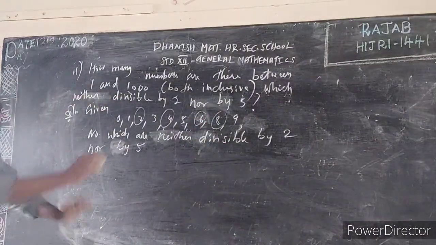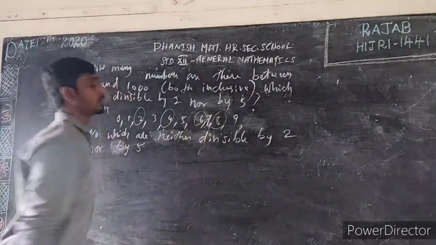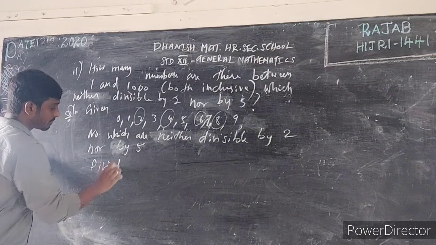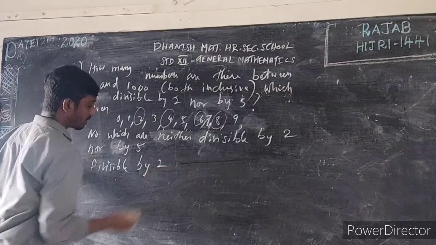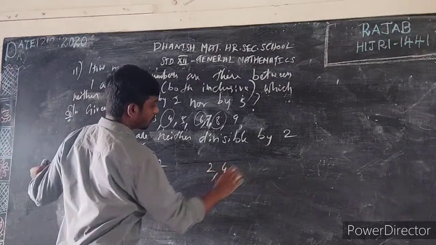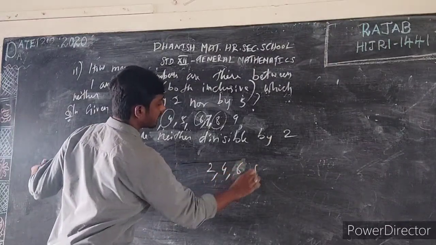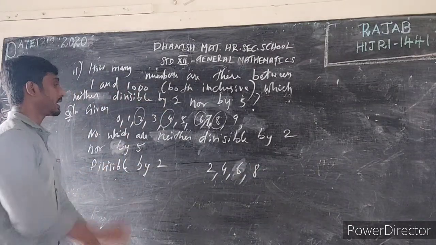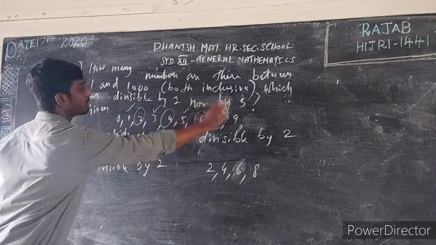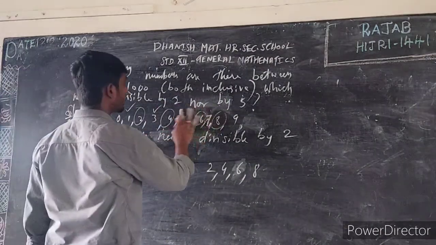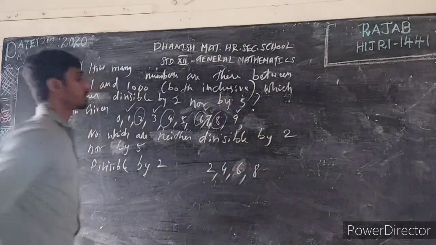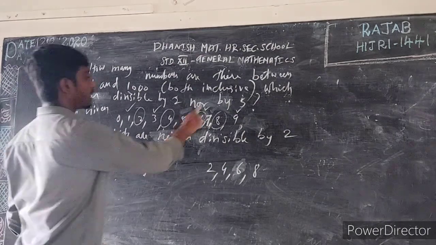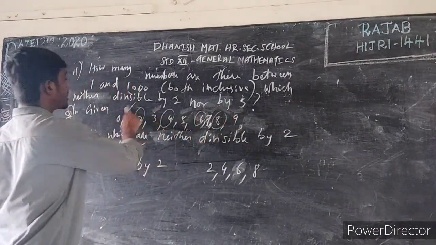If divisible by 5, the unit digit is 0 or 5. So the numbers neither divisible by 2 nor by 5 end in 1, 3, 7, 9. What are the odd numbers here? 1, 3, 7, 9.